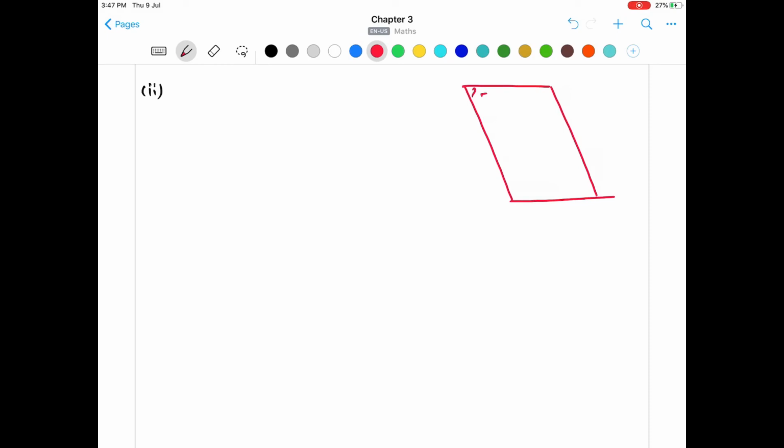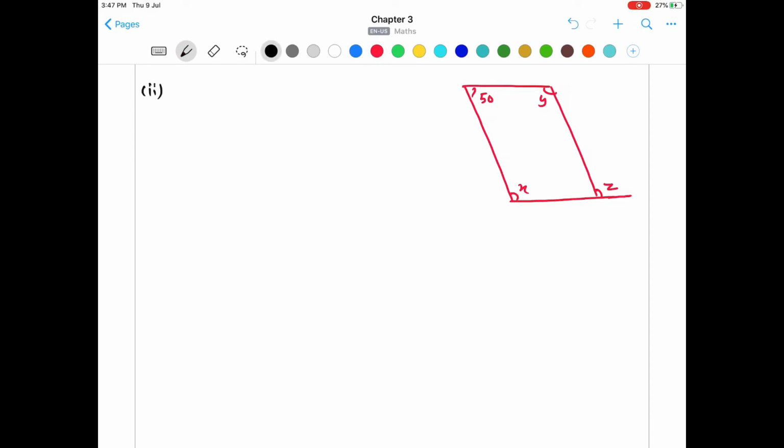The angle here is 50 degree, here we have y, then x and z here. Now we have to again find the value of x, y and z. I have drawn this figure roughly. You will draw this neatly and cleanly in your notebook.